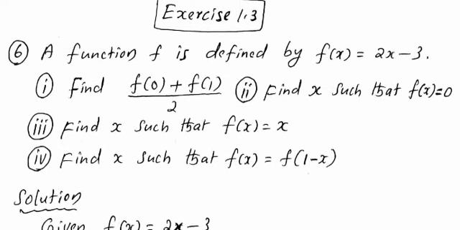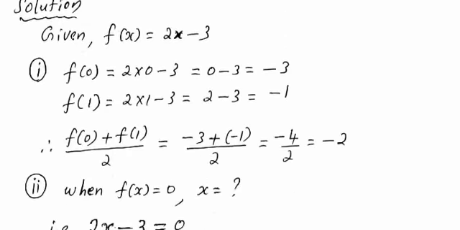Then find out the value of f of 0 plus f of 1 whole divided by 2. F of 0 plus f of 1 whole divided by 2 is equal to, f of 0 is minus 3, that can be substituted here. Then put this plus. Then write the value of f of 1.